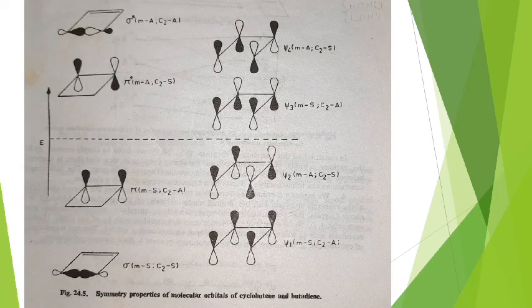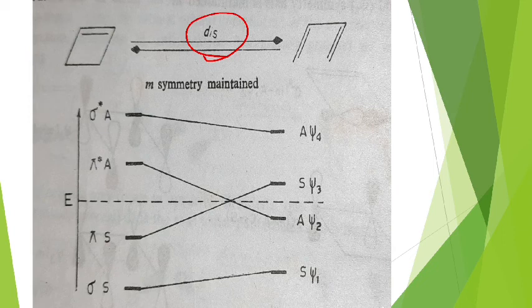So according to mirror plane, the sigma orbital and pi orbital are symmetric and pi star and sigma star orbitals are anti-symmetric in cyclobutene. This is energy, and sigma orbital is symmetric with respect to mirror plane, and also pi orbital is symmetric with respect to mirror plane, and pi star and sigma star are anti-symmetric with respect to mirror plane.